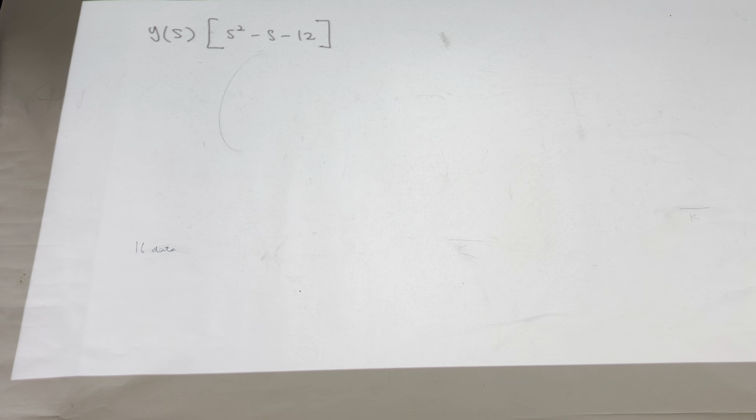And then what is Y(s)? Y(s) is s plus 6 divided by s plus 2 multiply s squared minus s minus 12. So Y(s) is our solution for this initial value problem, second order.